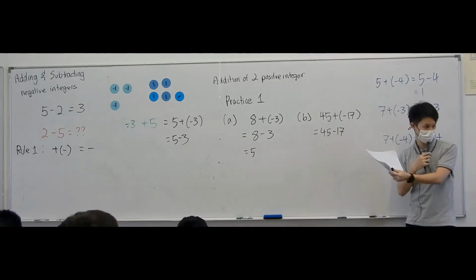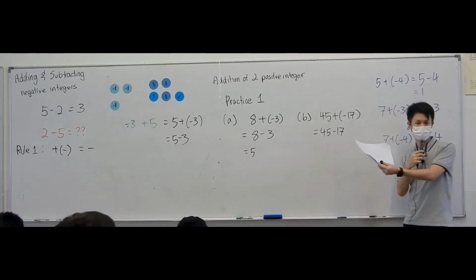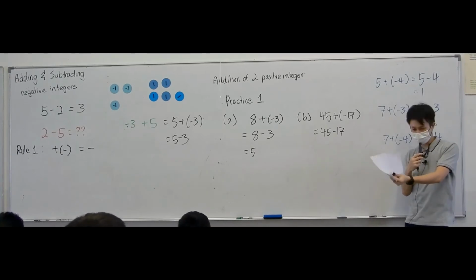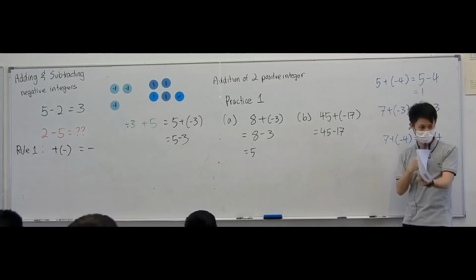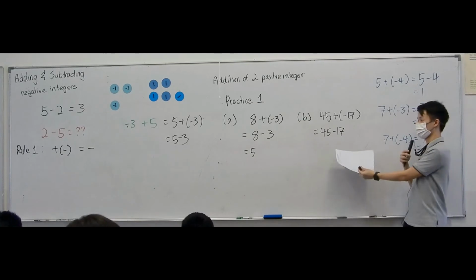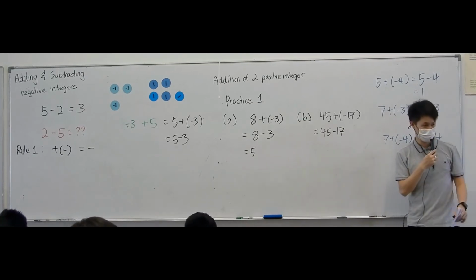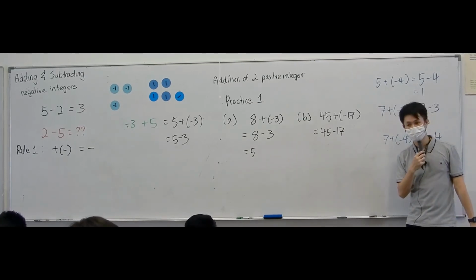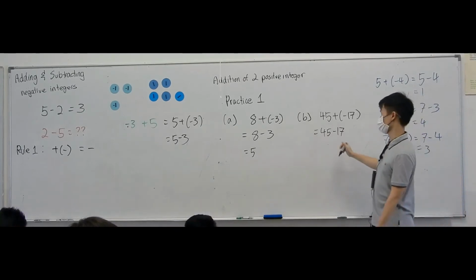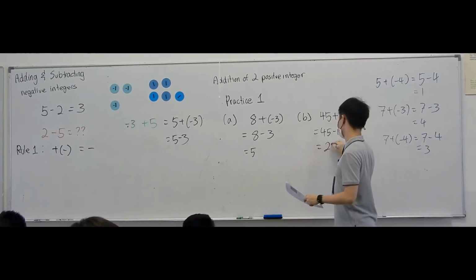Does it make sense to you? Don't be fooled by the question. You still can use the calculator for calculations, but you need to show your workings. Am I clear? The answer here is 28.